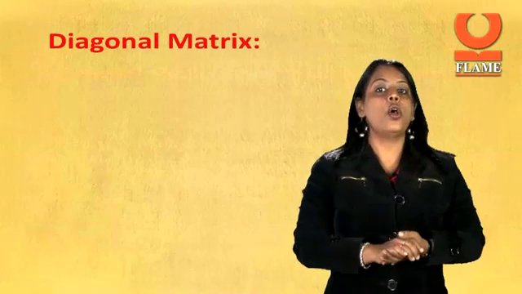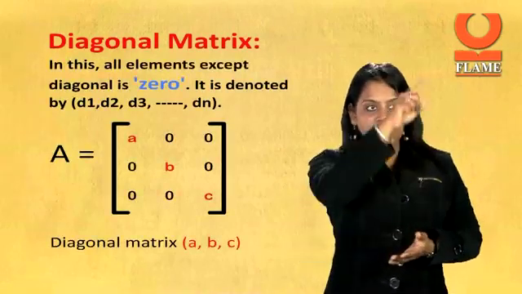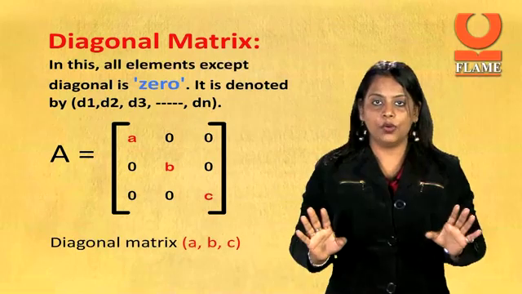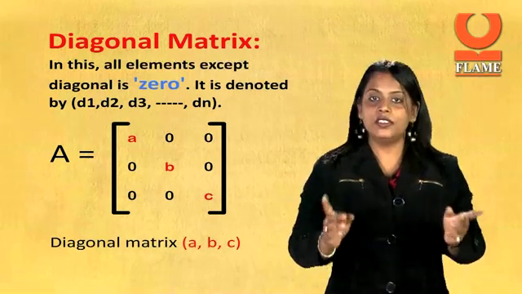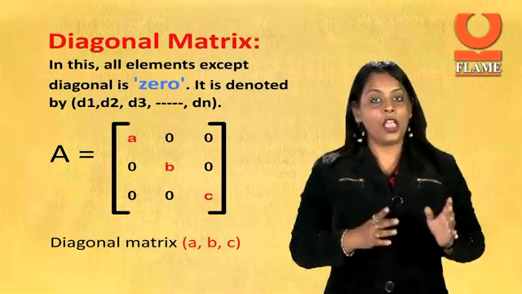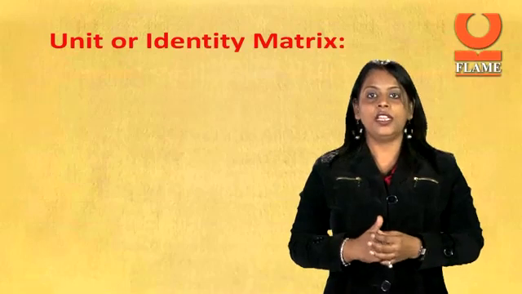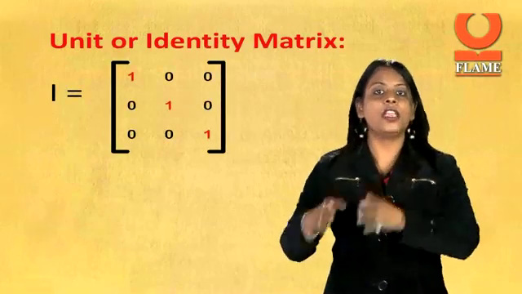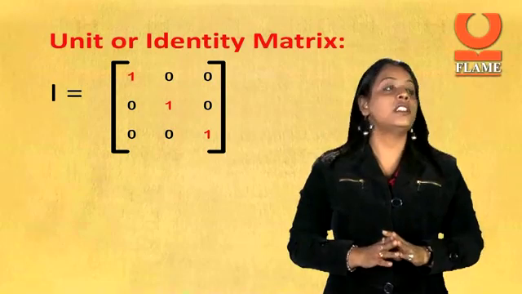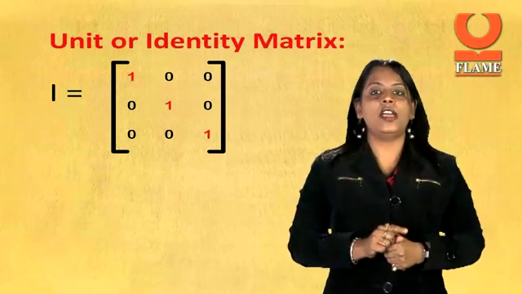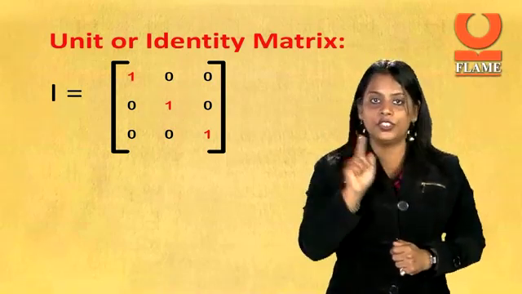Sixth, square matrix. In this, the number of rows is equal to the number of columns. Seventh, diagonal matrix. In this, all elements except the diagonal are 0. It is denoted by D1, D2, D3 up to Dn. Eighth, unit or identity matrix. It is a diagonal matrix in which diagonal elements are unity and all other elements are 0.